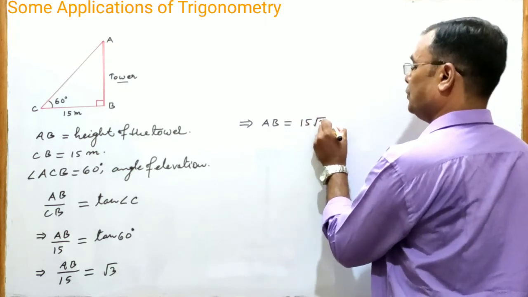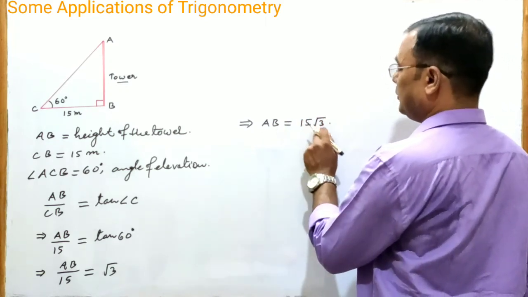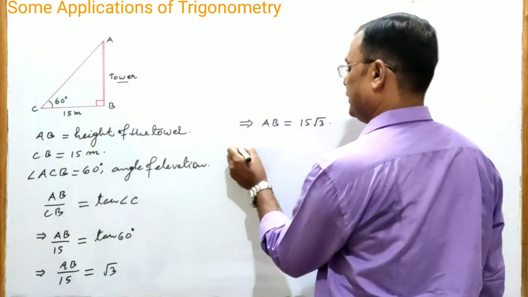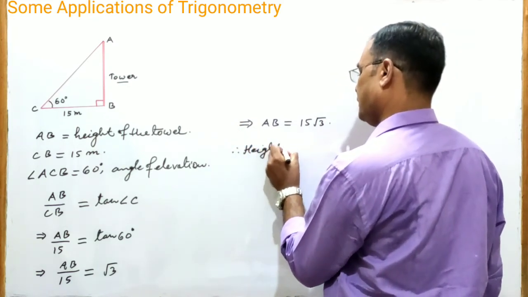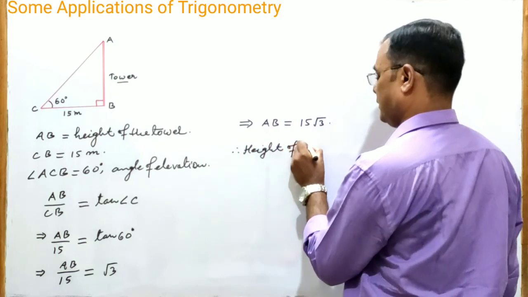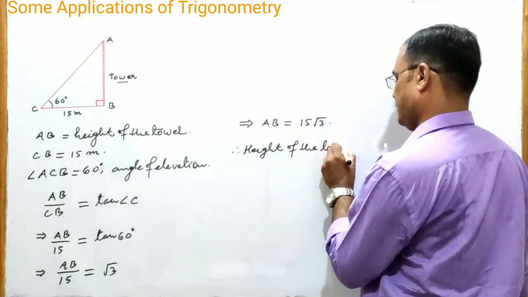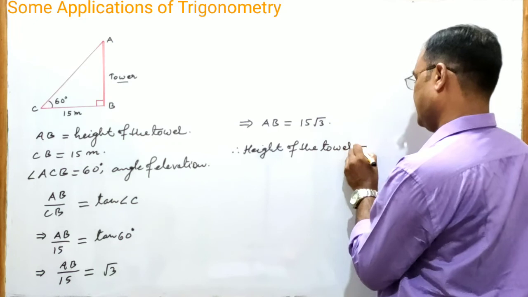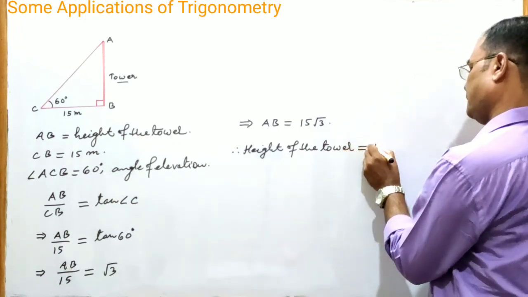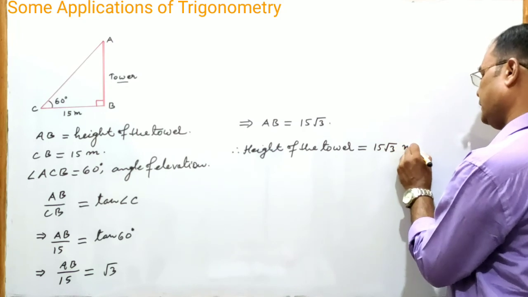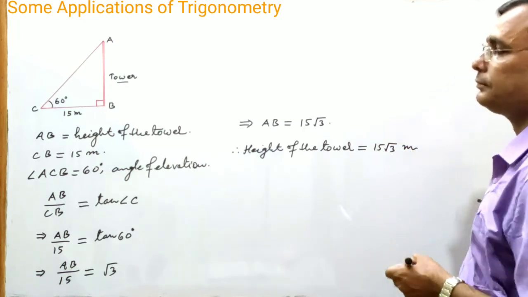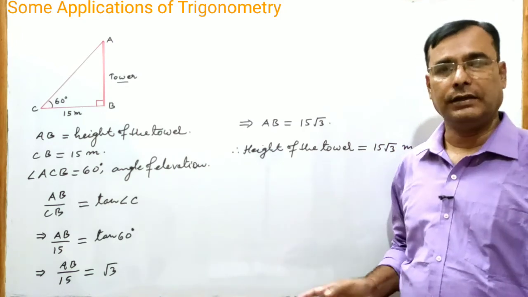We have got AB as 15 root 3. Therefore, the height of the tower is equal to 15 root 3 meter. This is the answer.